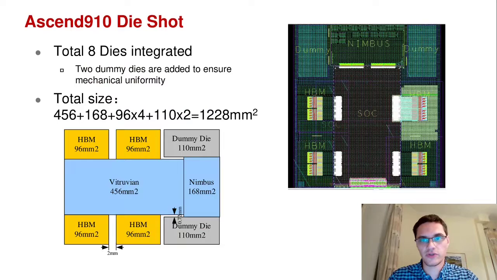Here is the shot of the Ascend 910 die, which is a quite complicated design, comprising the compute core, Nimbus communication, and 4 HBM stacks on the sides. The total area is over 1200 square millimeters.